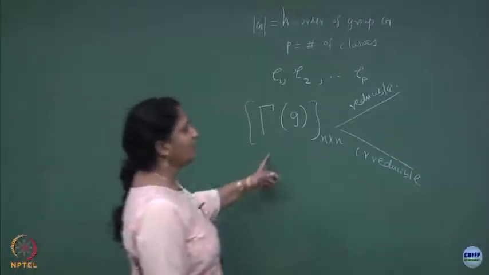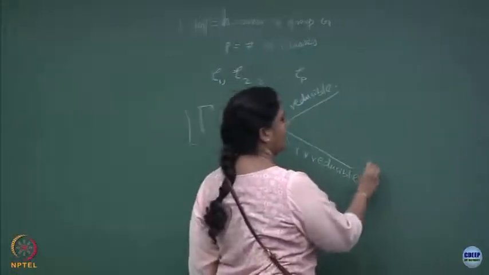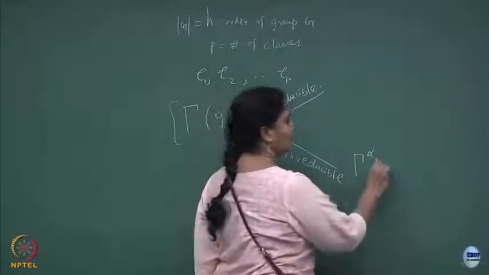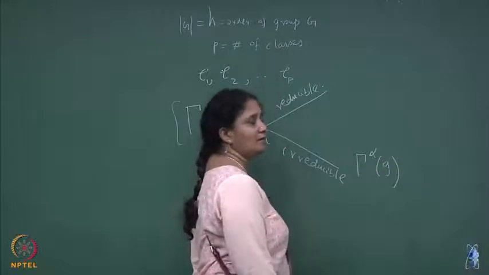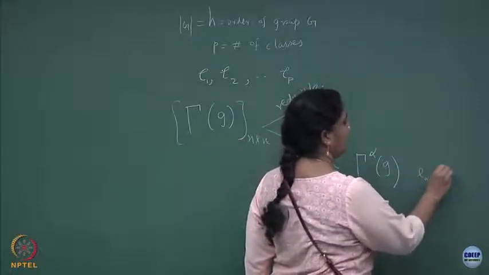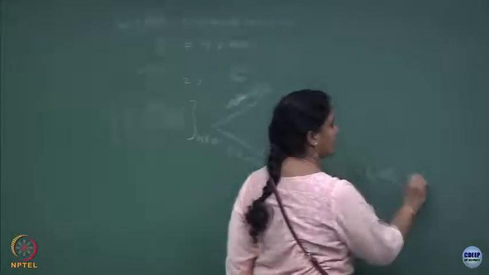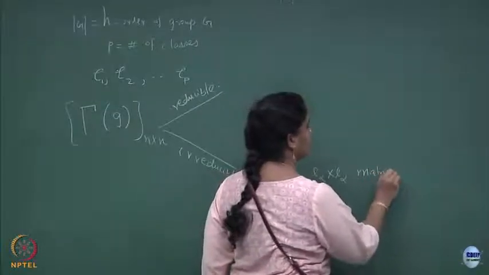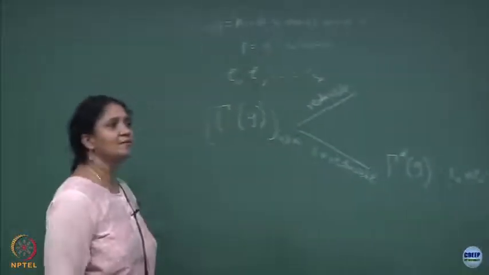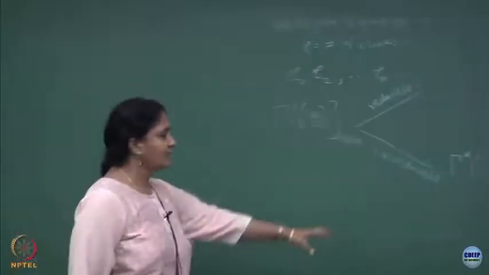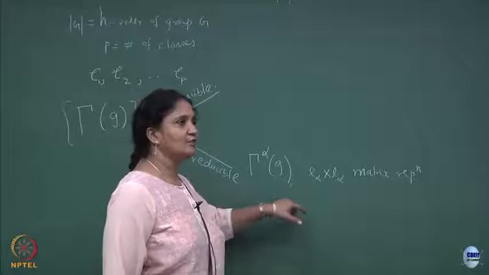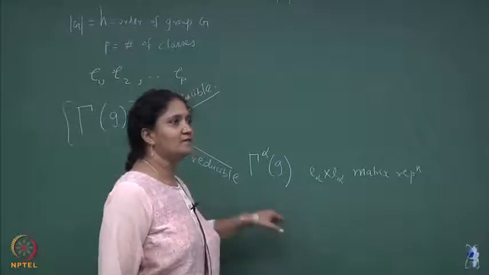Reducible in general, irreducible we are going to denote by gamma alpha of G, and these are L alpha cross L alpha matrix representations. I am just using the shorthand notation that the matrices will have dimensions L alpha by L alpha, number of rows and columns will be L alpha and L alpha.